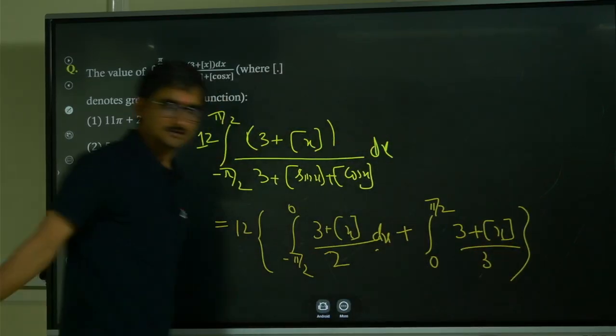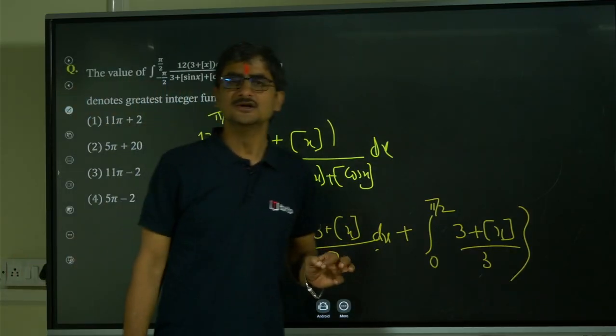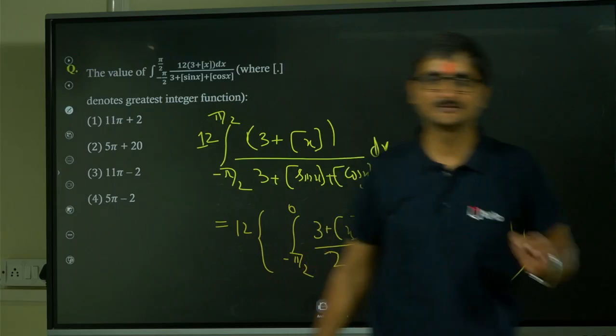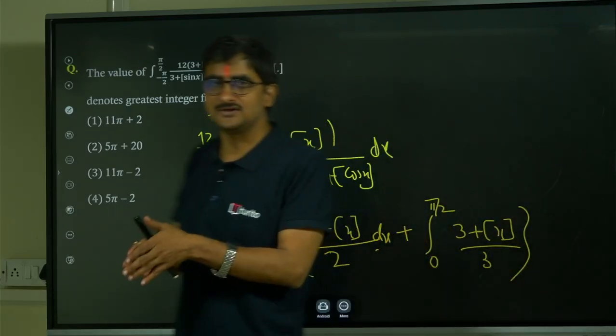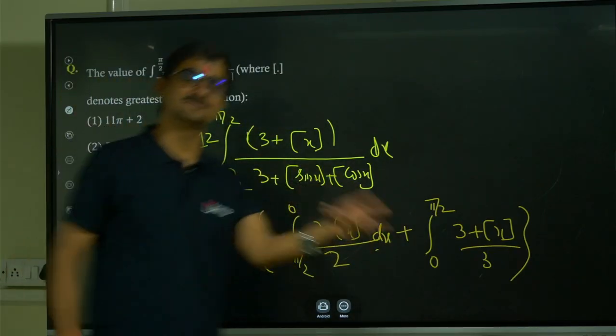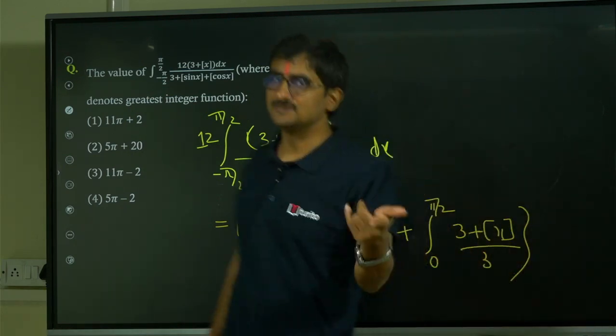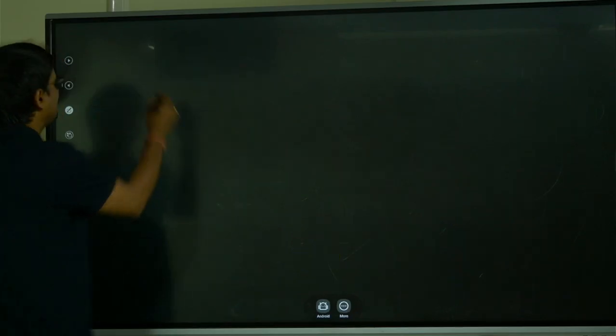That's it. Now what? Pi by 2 is almost 1.57. The greatest integer of x between minus 1.57 and minus 1 has to be minus 2. Between minus 1 and 0, it has to be minus 1. Between 0 and 1, it will be 0. 1 to pi by 2, it will be 1. Okay, so that's what we are going to get.